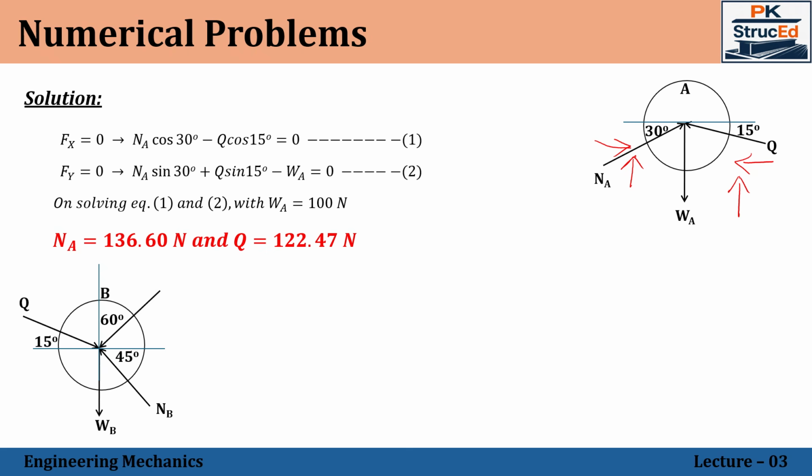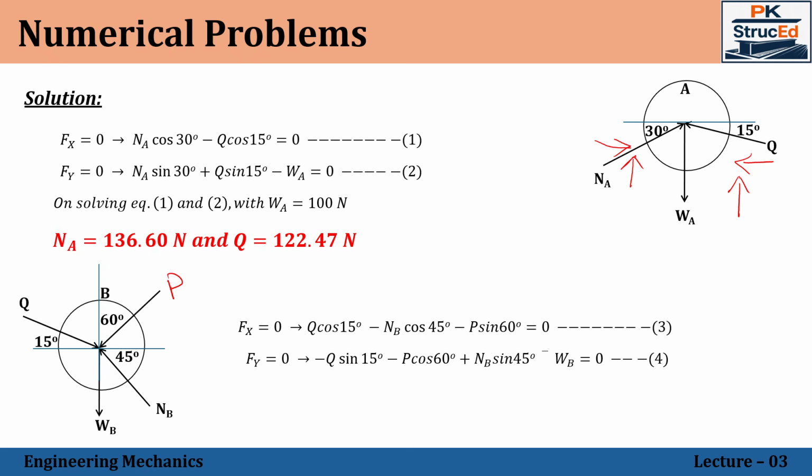Next we move to free body B. Here the force P has been missing from the earlier steps. Solving along the x-axis and y-axis, Q's horizontal component acts like this and its vertical component acts like this. NB's horizontal component acts like this and its vertical component like this. Similarly, P's horizontal component acts like this and its vertical component like this.